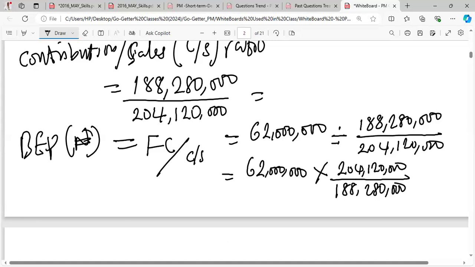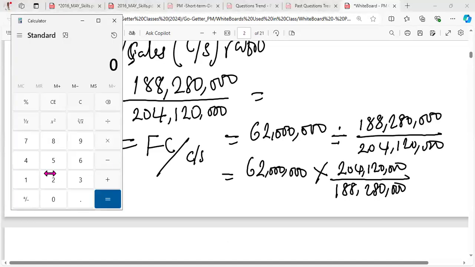We have flipped the coin up now. 62 million multiplied by 204,120,000. No problem. Don't bother about what you see in the calculator. Now just divide by 188,280,000.